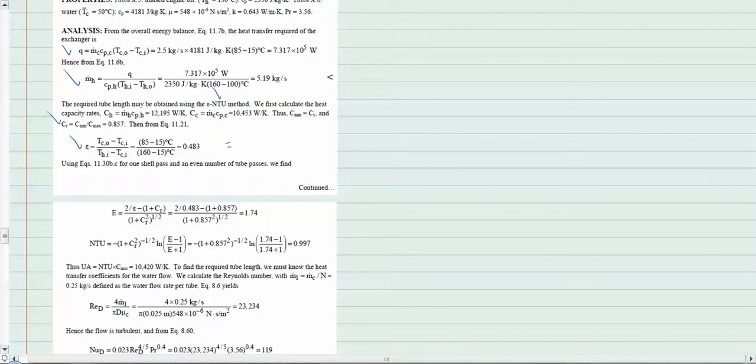And this is essentially the C_min delta T_min divided by C_min delta T_max. And I would expect you to know these relationships.